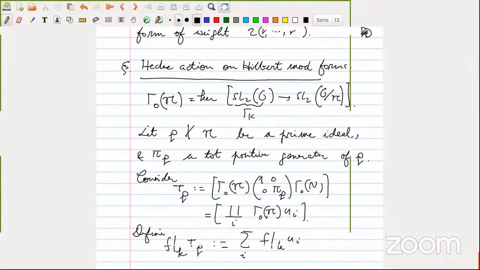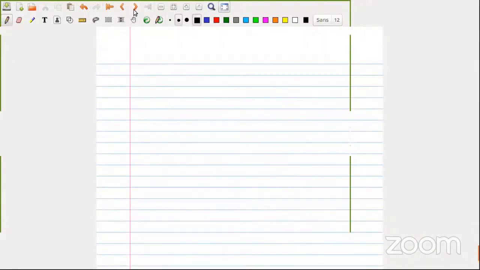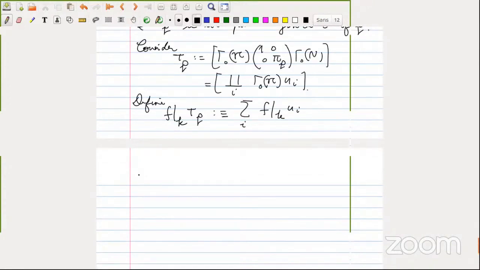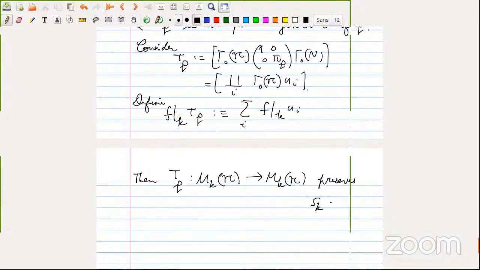And as in the case of elliptic modular forms, it preserves the space of cusp forms. We need to show all these things, but M_k of level n, and this preserves the space of cusp forms of weight k for the discrete subgroup gamma naught of n.